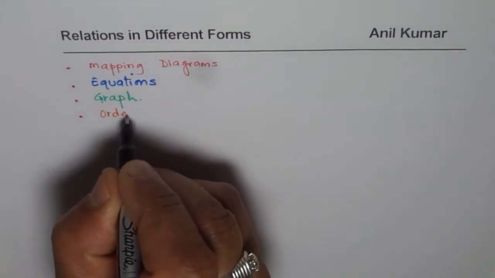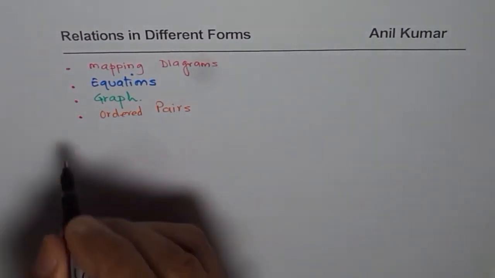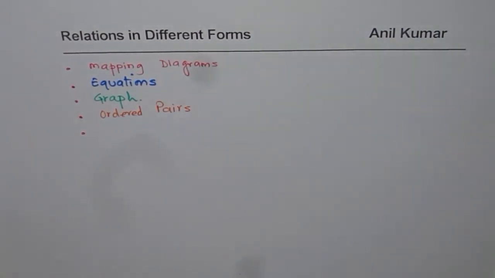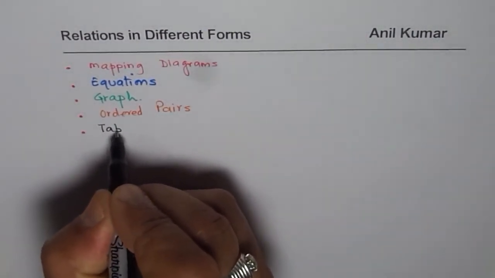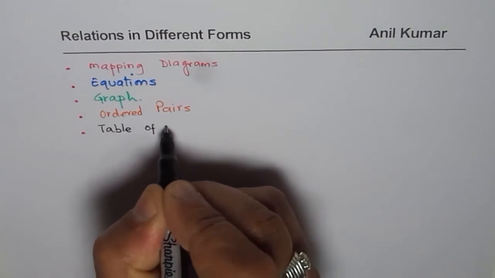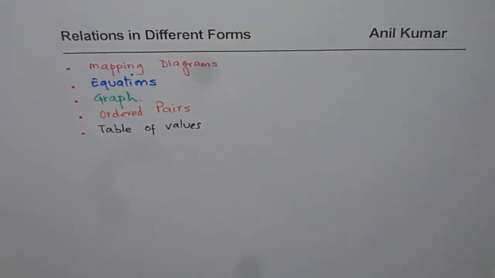You would also represent equations with ordered pairs, or you could have relations with table of values. So these are some of the different ways in which relations can be represented.